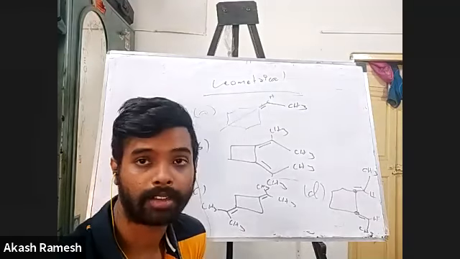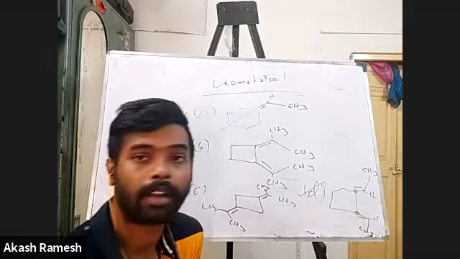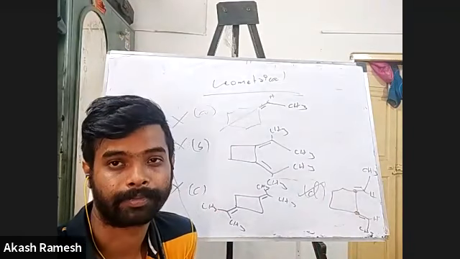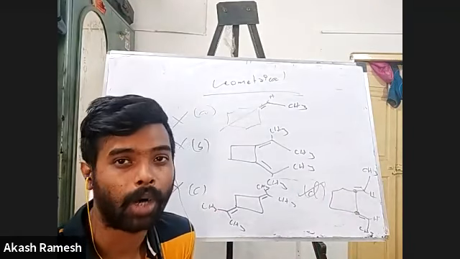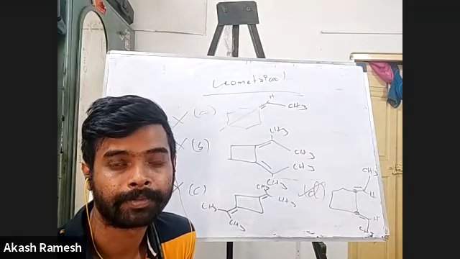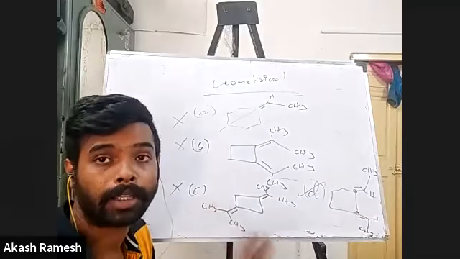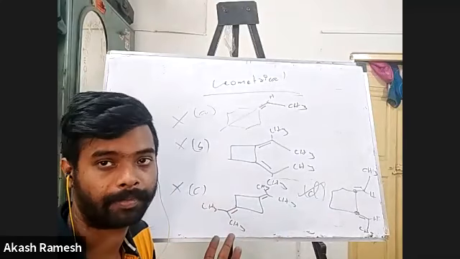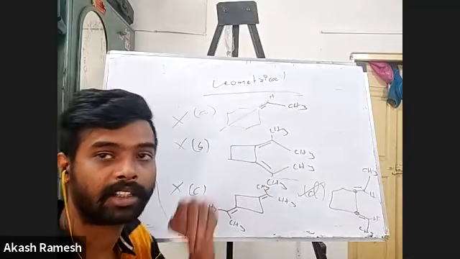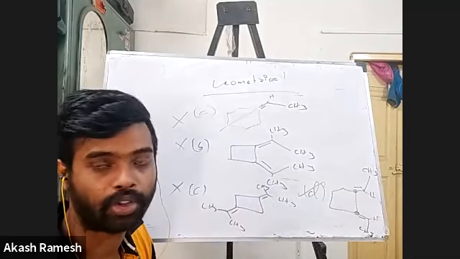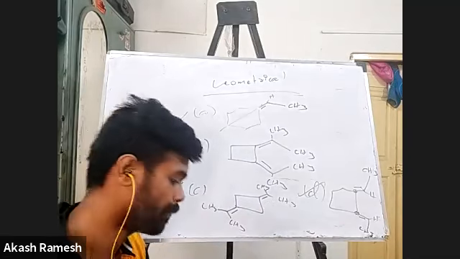So what is the answer for this question? D is the answer. Everybody understood? How is it D? Okay, cool. So whenever you have ring structures coming into the picture, please check for symmetry. If that side and this side are similar, then it cannot show geometrical isomerism.